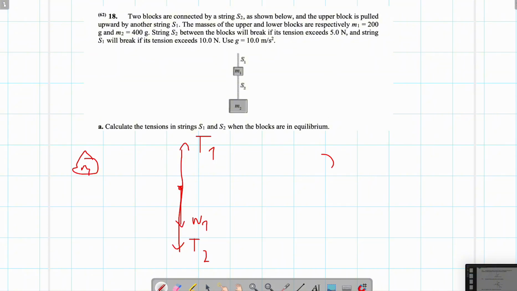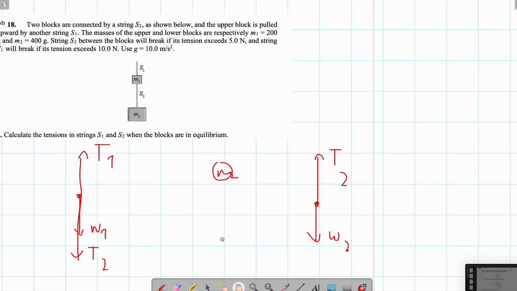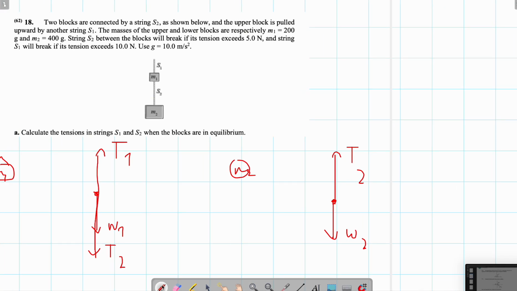And then meanwhile for M2 we just have weight 2 and T2. First we need to find T2 so we can find the tensions in S1 and S2. For T2 we do sigma Fy equals 0.